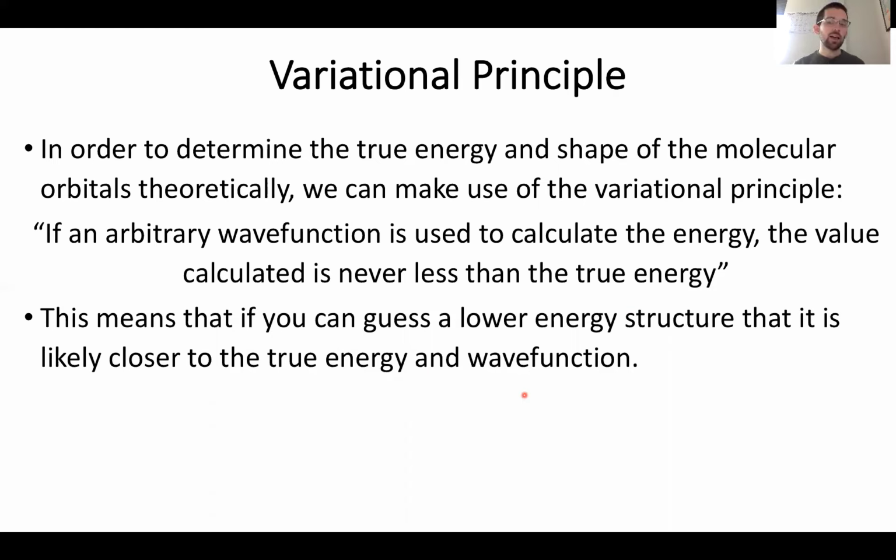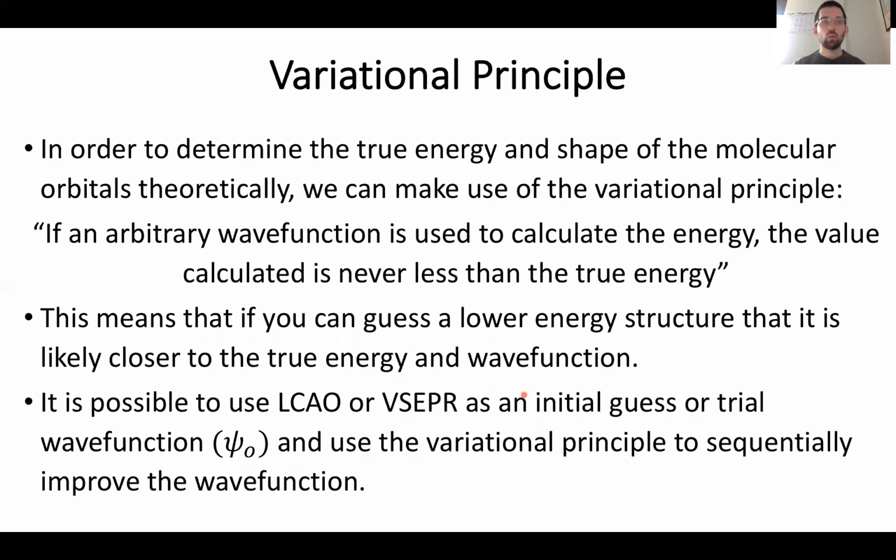And this is going to underlie a lot of what we're going to be doing for the rest of the chapter. And in practice, what this often means is that, let's say I generate a wave function or a structure using a linear combination of atomic orbitals or VSEPR or any other method. It's going to give me an original trial wave function. And then what I can do is use the variational principle to sequentially improve this wave function.